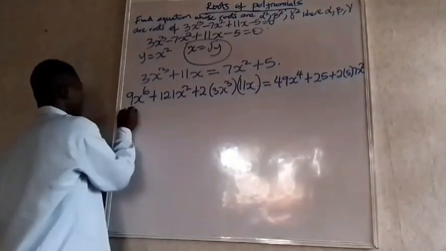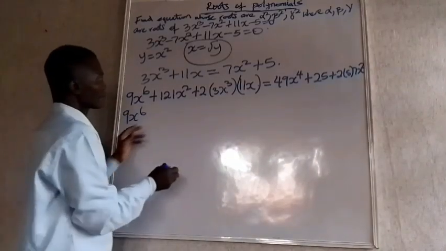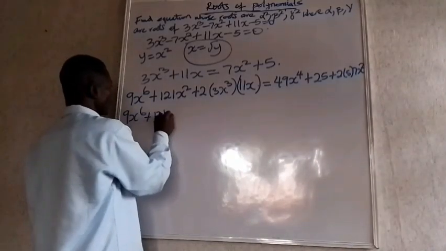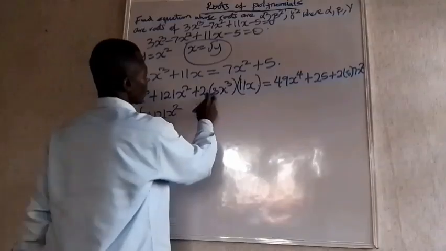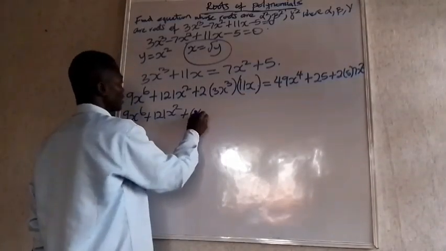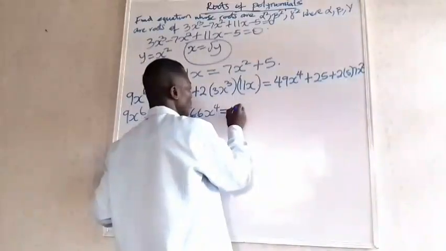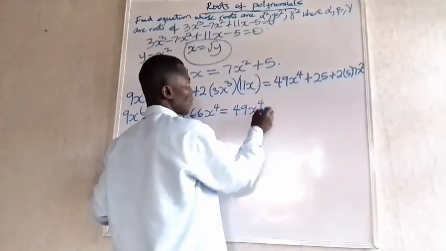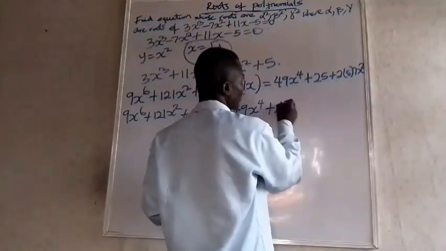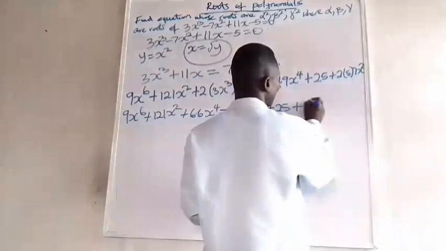Now I have 9x raised to the power 6 plus 121x squared plus 66x raised to the power 4 is equal to 49x raised to the power 4 plus 25 plus 70x squared.